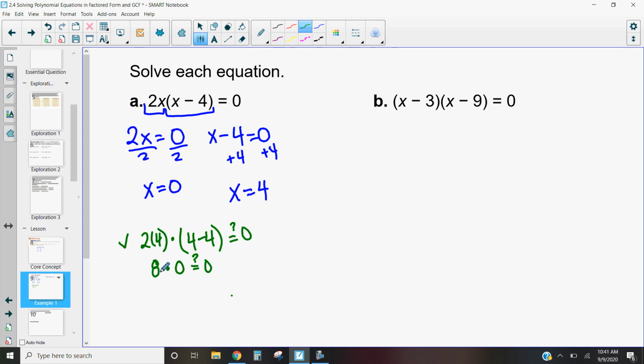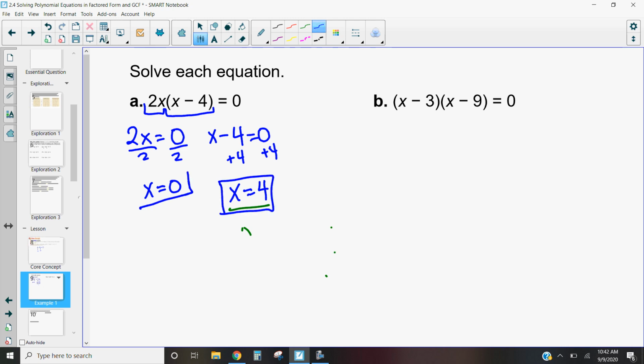Any number times 0 is 0, so that works. So these two things right here are the two solutions to our equation. I get x equals 0 as well as x equals 4. Those are my two solutions. When we talk about solving these, we are talking about finding our two solutions.